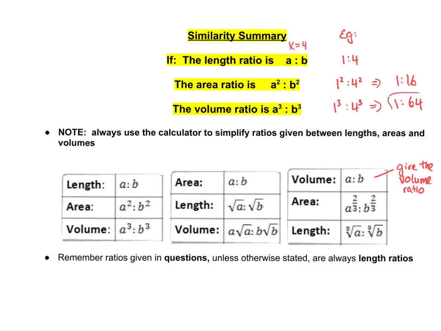So say this example up here, if I do the cubic root of 1 and the cubic root of 64, we end up with a 1 to 4, which is back to my length ratio. So this is just a little way of saying if they give you this, how you can go back. Generally we want to go back to length, or if you get the area and you want to go back to length.